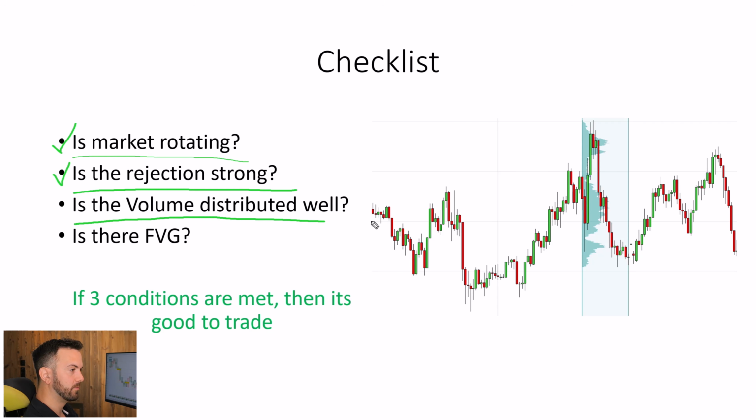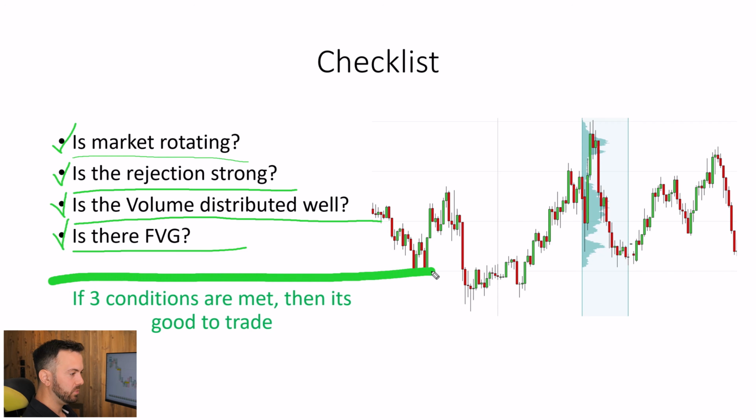Third point, the volumes need to be distributed well. And the fourth point, there needs to be a fair value gap. If all those points check out, then the rejection is most likely going to work. It's most likely going to be a strong resistance or support zone, right?